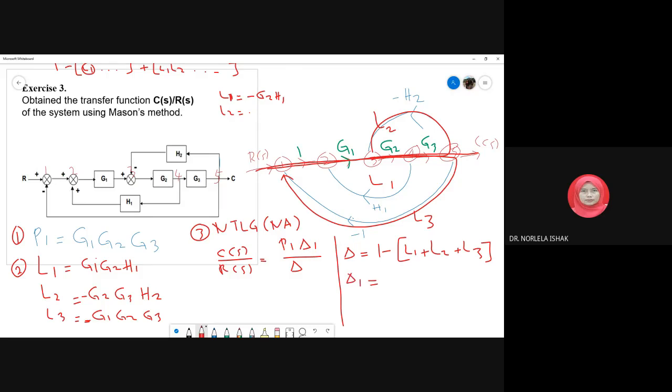L1, L2 and L3 are all touching the forward path, so the cofactor equals 1. Substitute: P1 is G1, G2, G3, multiplied by 1 and over the determinant.